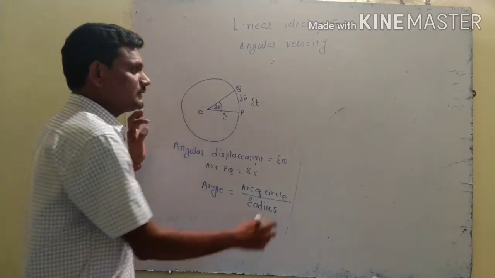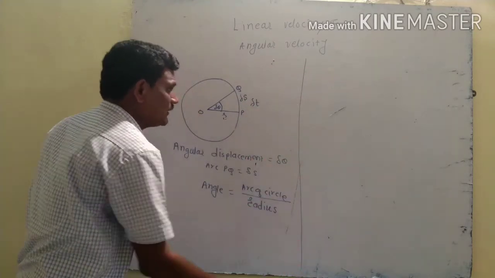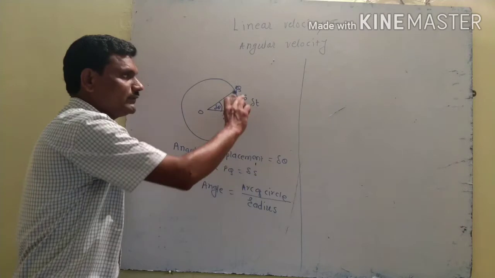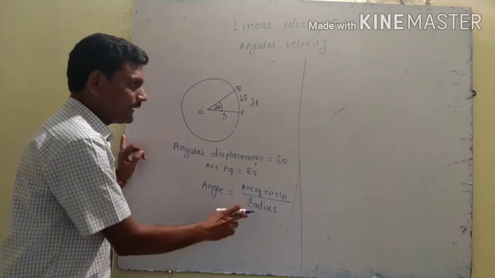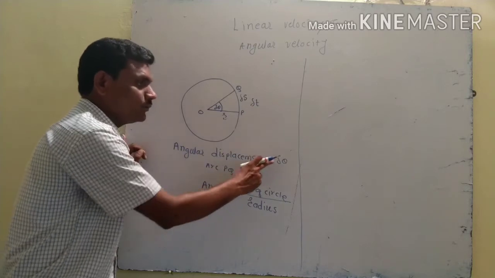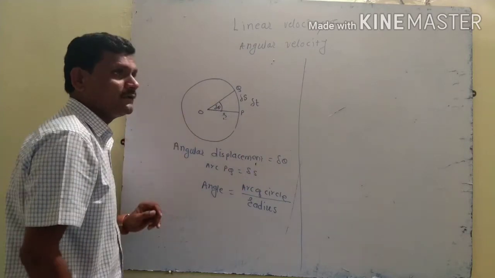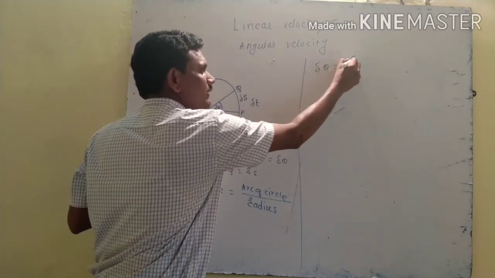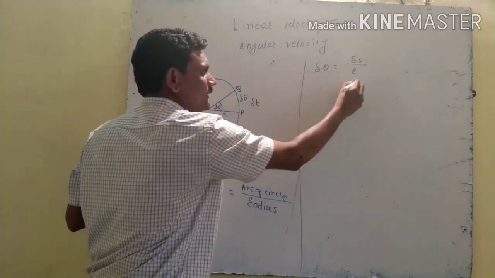Now, this is the arc PQ and the length of the arc PQ is equal to delta s, the radius is equal to r, and the angular displacement is equal to delta theta, that is the angle. Therefore, delta theta is equal to delta s divided by r.